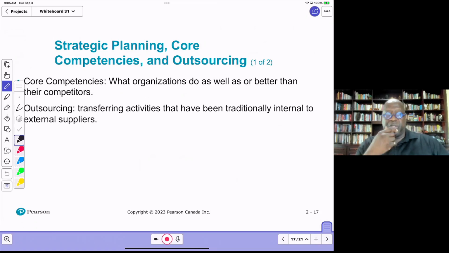So in terms of strategic planning, core competencies and outsourcing, these are considerations as well in operation strategy. We've already talked about the role of corporate strategy. That's where strategic planning comes in. But when we're talking about an operation strategy, it is really a strategic planning process, but at the level of operations.